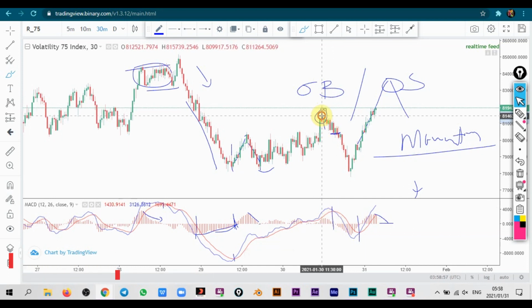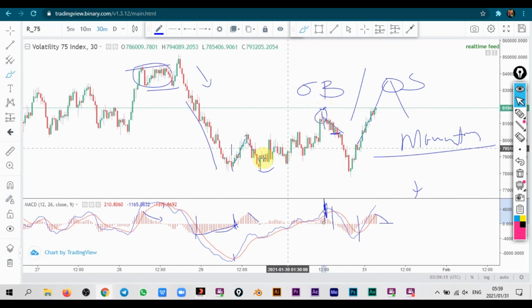So that it will give you that signal here. That's why oscillators are going to give you a sell here at this high, meaning earlier than it does. Oscillators are going to give you a sell, but MACD is a trend following indicator. That's why it waits for everything to confirm, just like moving averages.